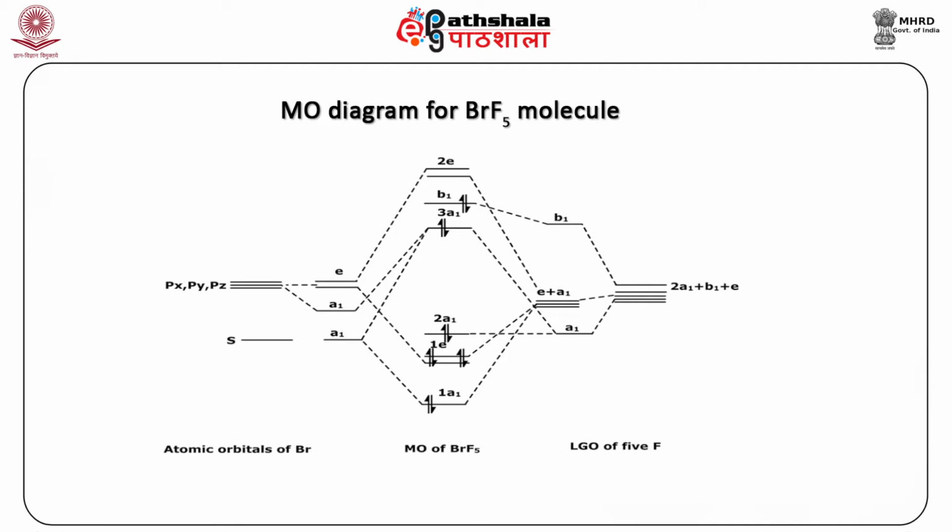Using the ligand group orbitals of A1, B1 and E type of the F5 fragment on the right hand side of the molecular orbital diagram, and the symmetry of the s and p atomic orbitals of the bromine atom on the left hand side, and matching the symmetry and taking energy into consideration, the molecular orbital diagram for the BrF5 molecule may be constructed as shown in the figure.